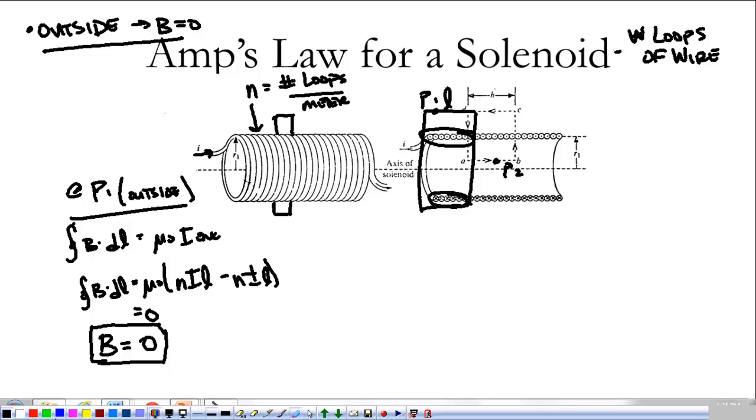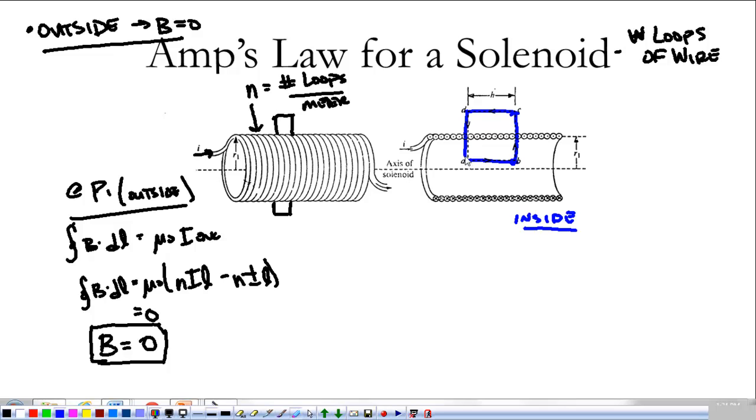So let's go inside of our solenoid. We'll clean this up a little bit. Inside of our solenoid, we already have that Amperian loop drawn. We're going to go from here to here, here to here, here to here, here to here.